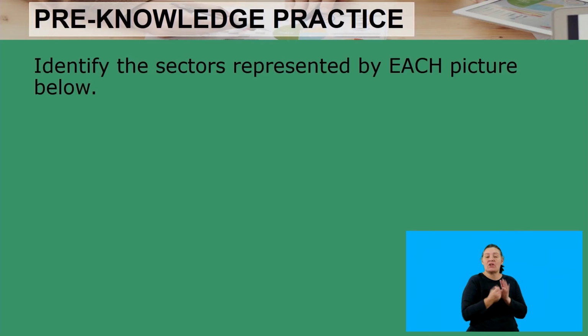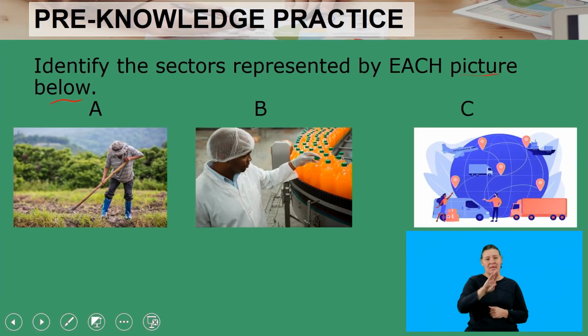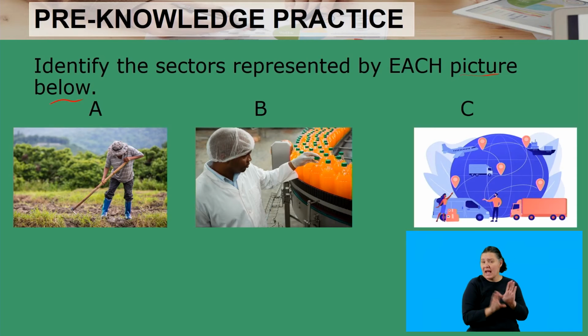Identify the sector represented by each picture below. We have picture A, B, and C. Tell me, which sector is picture A representing? Which sector is picture B representing? And also analyze which sector picture C is representing.